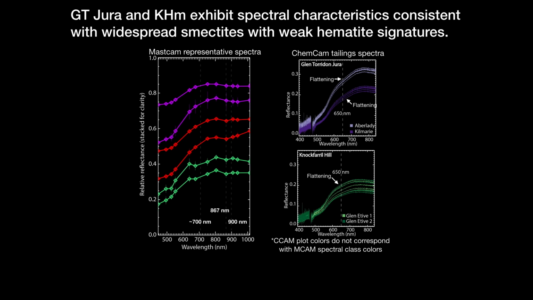And you can see spectral classes 1, 2, and 3 are observed. And then on the right, we have some ChemCam hyperspectral data of the drill tailings within these members. And you can see this flattening that we've talked about at approximately 650 nanometers. While it's not a full absorption, a flattening is still indicative of potentially iron magnesium smectites.